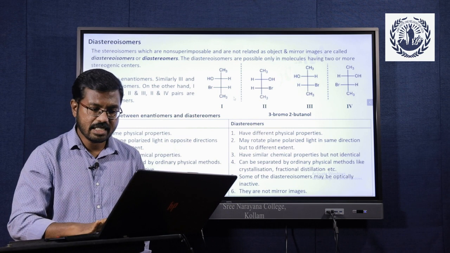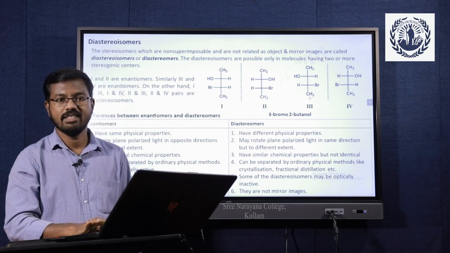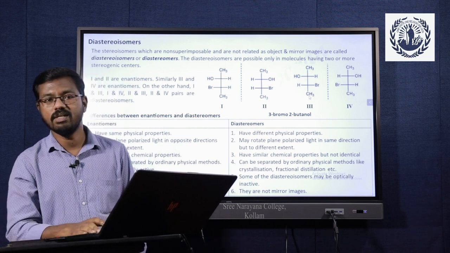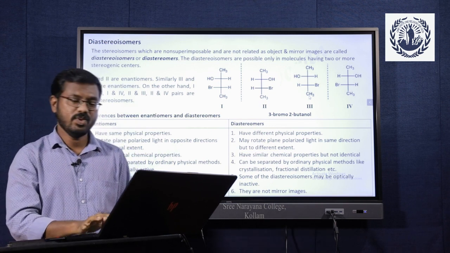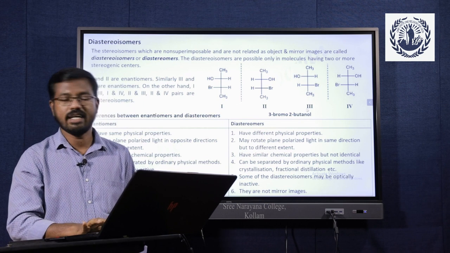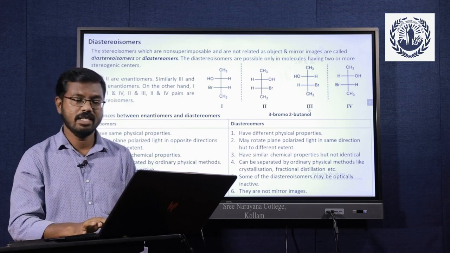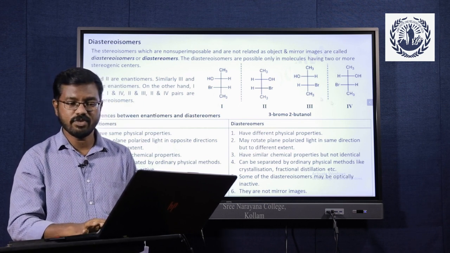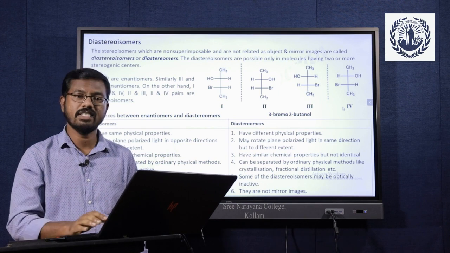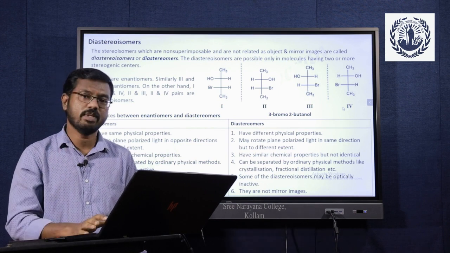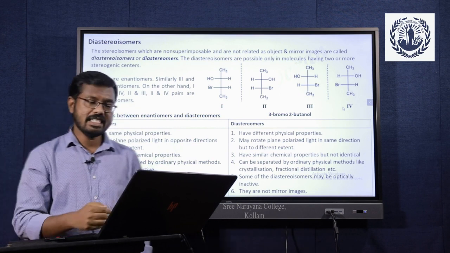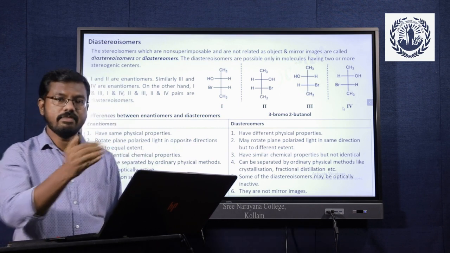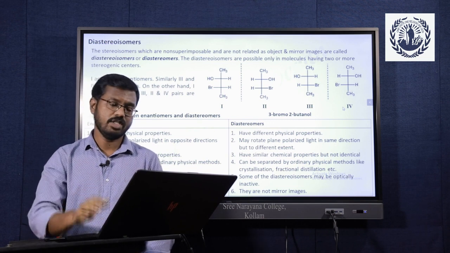But if we take structure number 1 and 3, they are also not superimposable, but there is no mirror relation. So, structure number 1 and 3 are called diastereomers. Similarly, structure number 1 and 4, there is also no mirror relation, but they are also not superimposable. So, they are also diastereomers. So, I have listed the main differences between enantiomers and diastereomers.